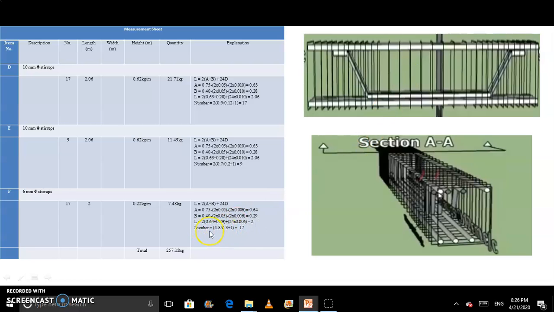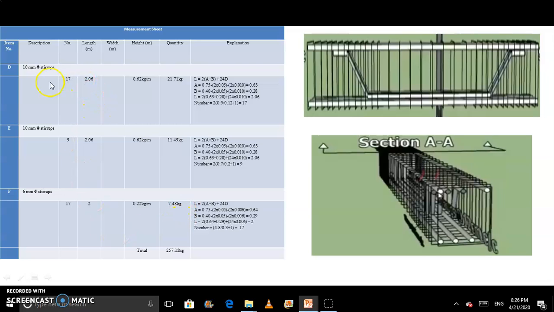That's why here we do not multiply with 2, and the total bars we get here is 17. So we get 17, 2 is the length, and the weight per meter of bar is 0.22. You also know how we get this, with the help of the formula d square upon 162. So you get 0.22 kg per meter weight of reinforcement, and you multiply these values and you get 7.48 kg as the weight of reinforcement.